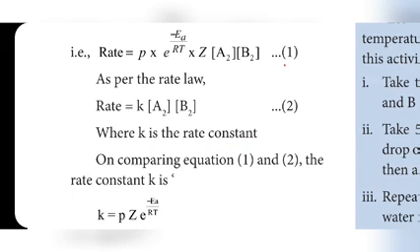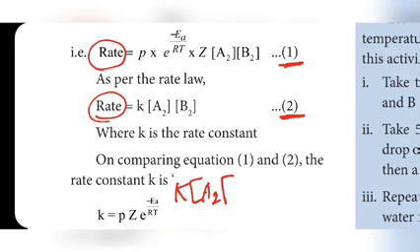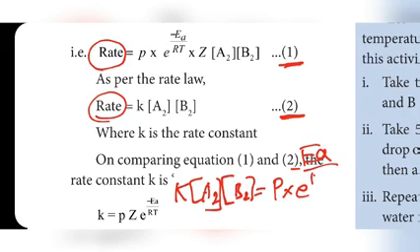Now we are going to compare the first equation and the second equation. In both equations, the left-hand side is rate only, so the left-hand sides are equal, and the right-hand sides must also be equal. So K concentration of A2 into concentration of B2 is equal to P into e power minus Ea by RT into Z concentration of A2 into concentration of B2.